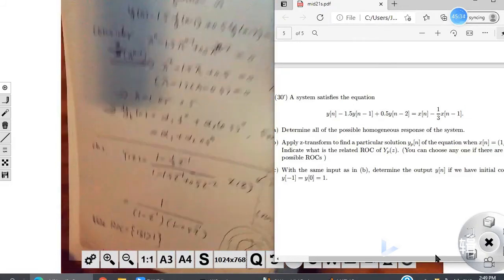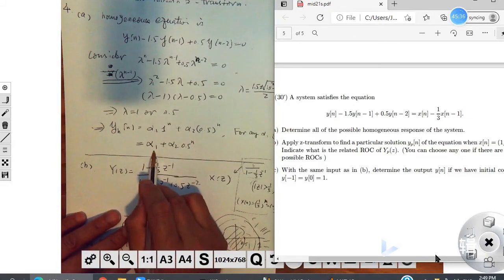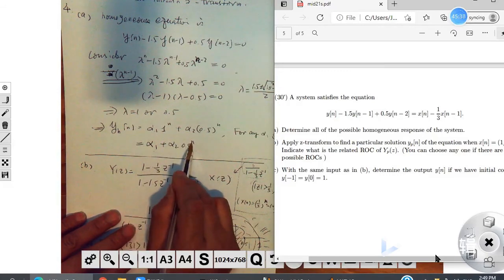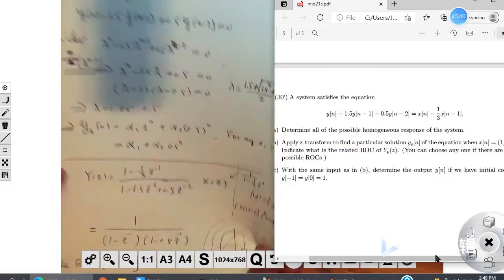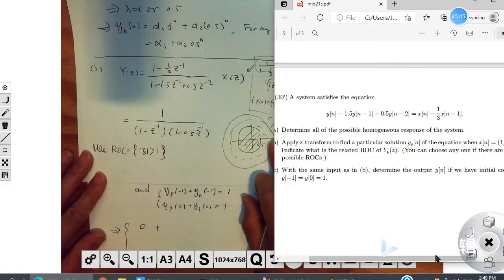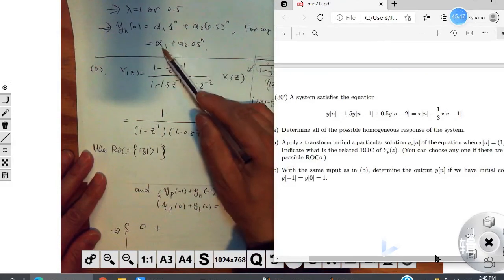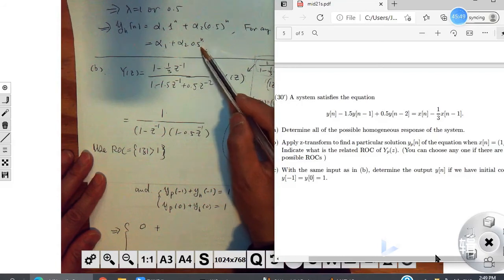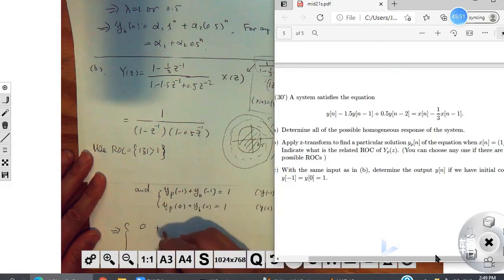We have the homogeneous solution here: alpha 1 plus alpha 2 times 0.5 to the -1. Okay, this is 1.